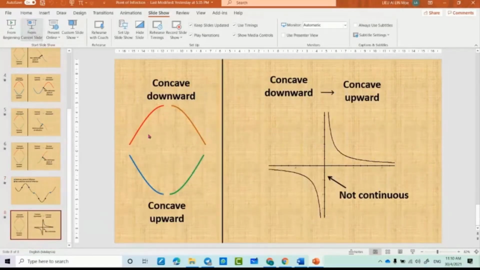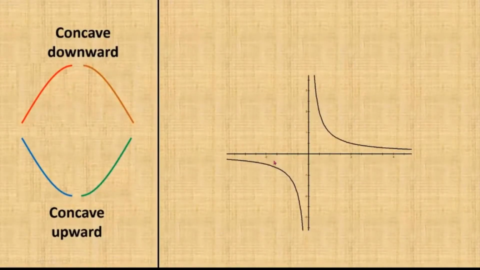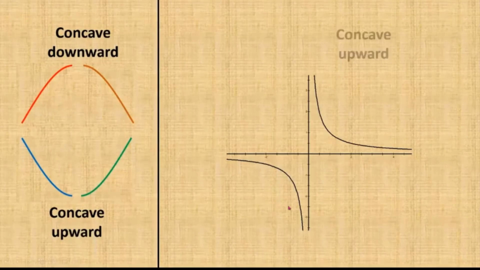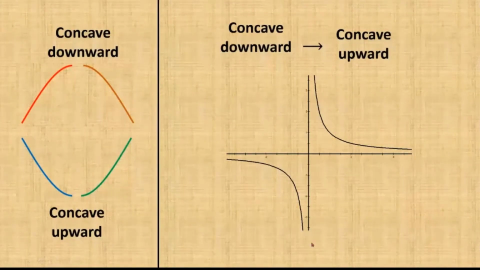Okay. So next slide, remember, if you want to identify concave upward, downward, it must be continuous. If not continuous, for example, this one, even though this one is concave upward, this one is concave downward, the graph changes from concave downward to upward, but this is not an inflection point because this is not continuous.